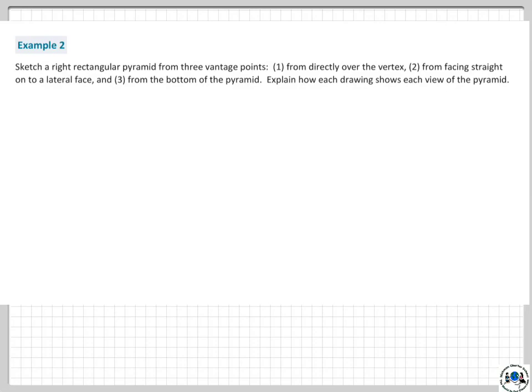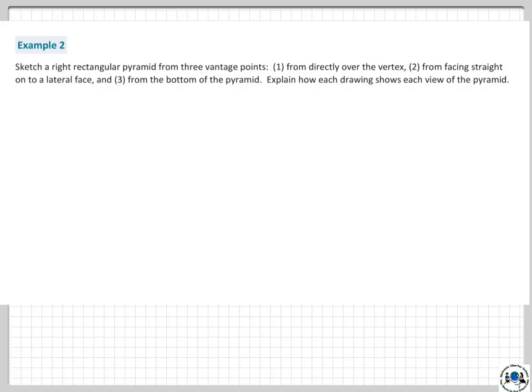Because visualizing slices made to a pyramid can be challenging, we're going to build up to it by having you do some sketching from different perspectives. Different perspectives are different points of view.